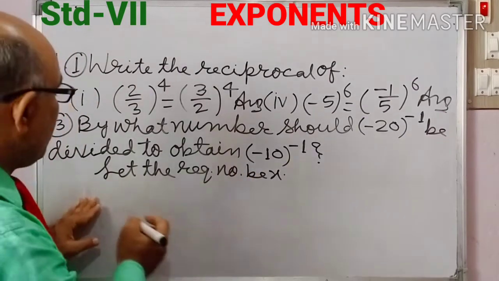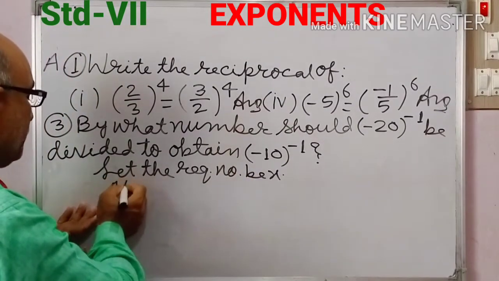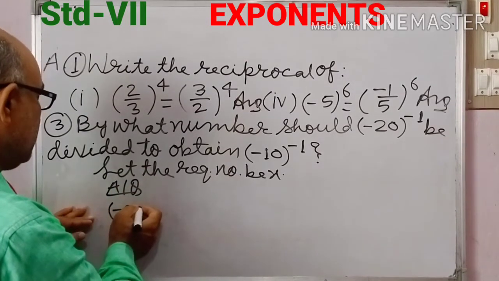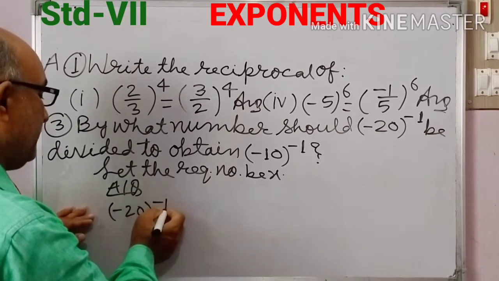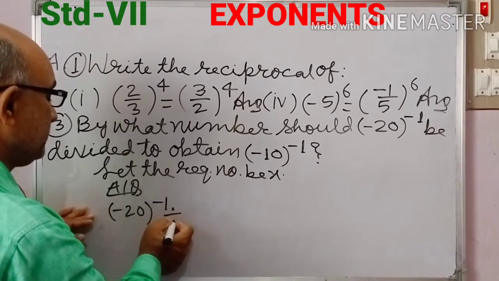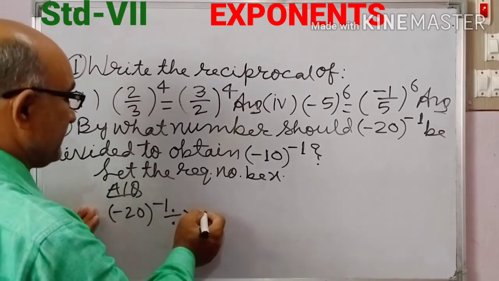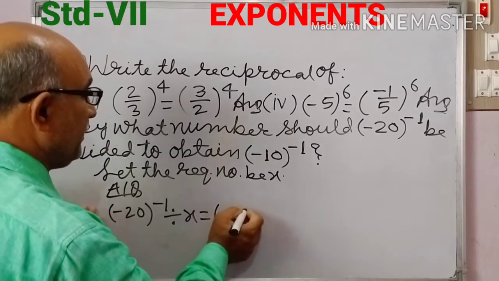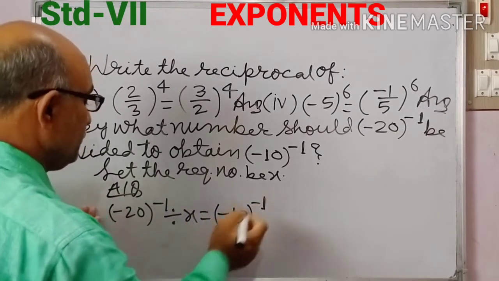Let the required number be x. According to the question, (-20)^-1 divided by x equal to (-10)^-1.